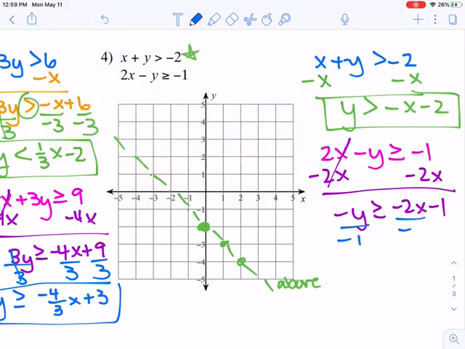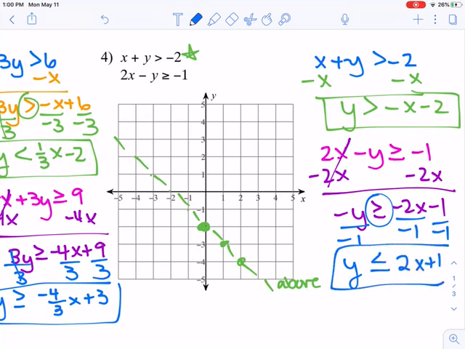So if I divide everything by a negative, then I'm going to have y is, flip that inequality around, less than or equal to 2x plus 1. Start at 1 on the y-axis and travel a slope of 2, up 2 over 1, up 2 over 1. This would be a solid line since it's a less than or equal to, and less than is under.